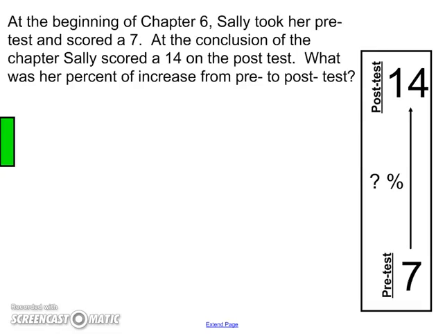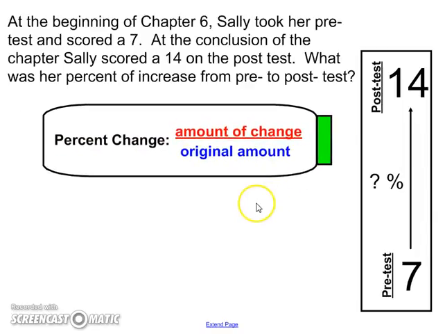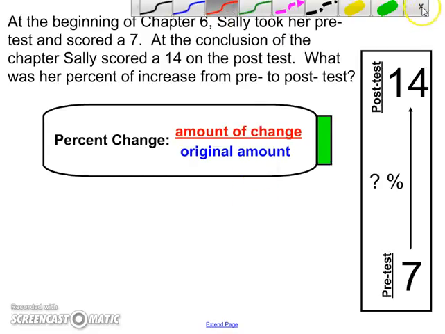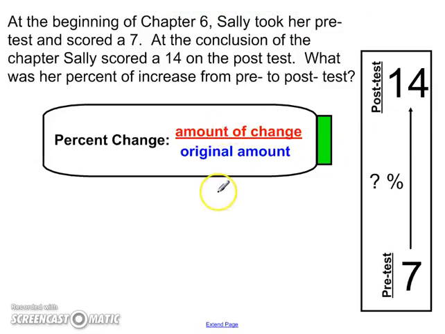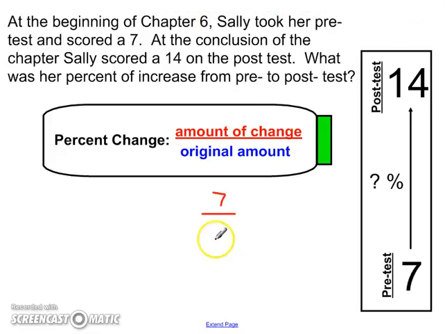So let's go back to Sally here. So again, she took her pretest of 7, she took her post-test of 14, and our job is to calculate as a percentage what is the amount of change. Okay, so now in my little formula here, the amount of change we've already talked about is 7. We divide that by the starting or the original amount.